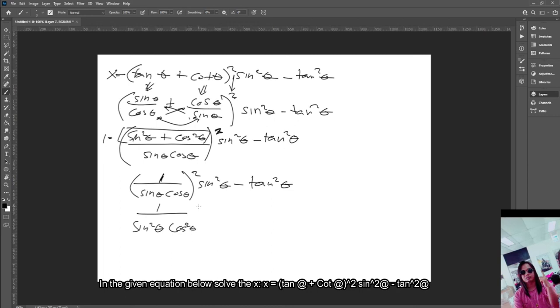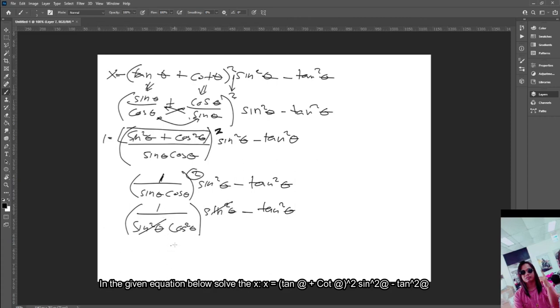So this time we eliminated the power of 2, but we still have the sine expression here. Since we have this multiplication, we can eliminate this.